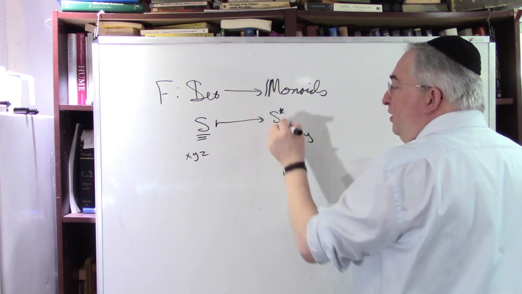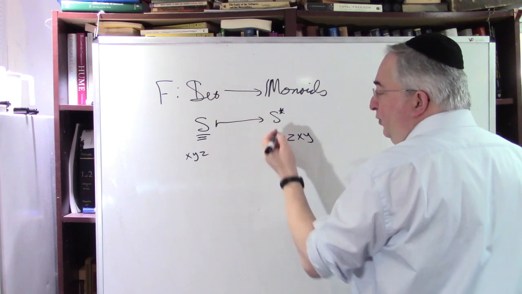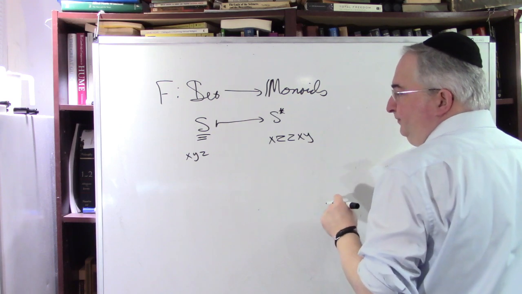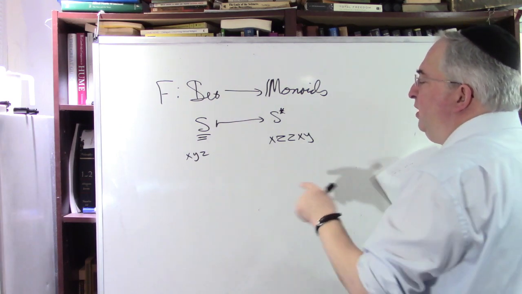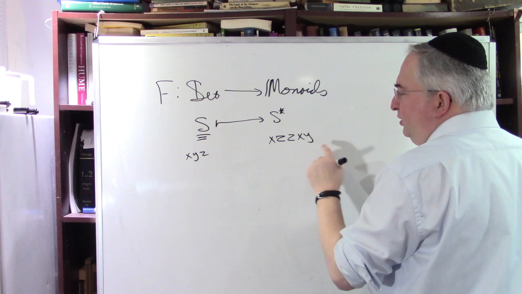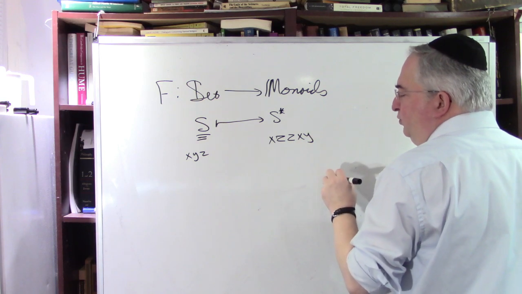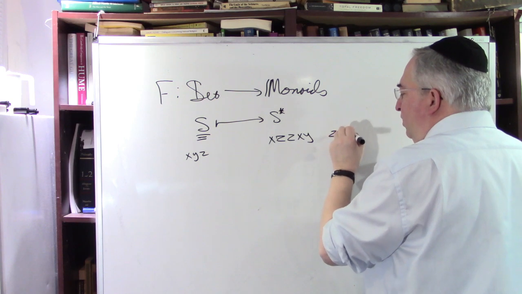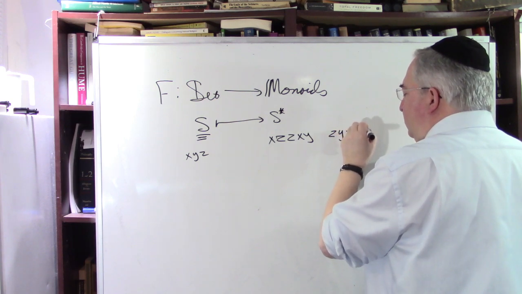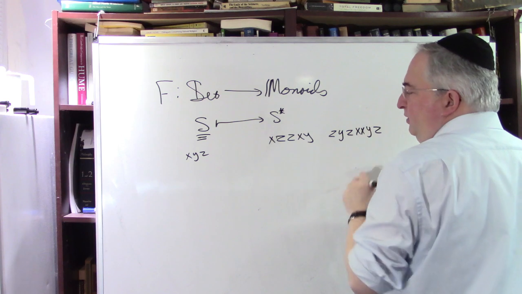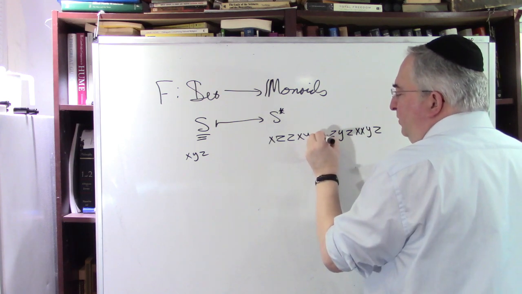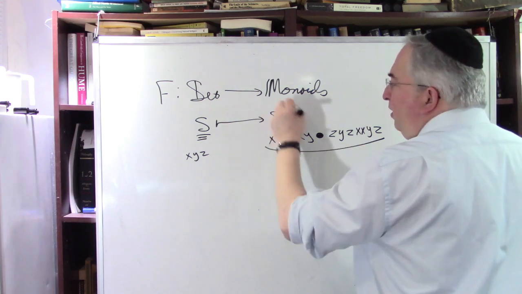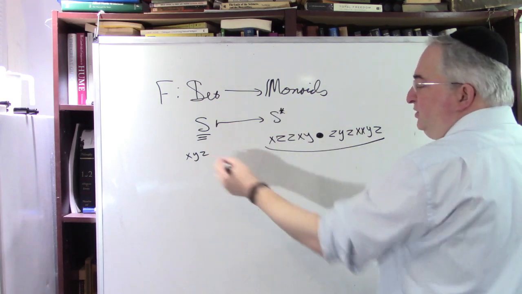Great. Now, this monoid has an operation. What's the operation? Well, composition. Not composing two maps, but concatenation of two words. So if you have another word, z, y, z, x, x, y, z, then you can compose them, and this gives you another word made out of x, y, and z.